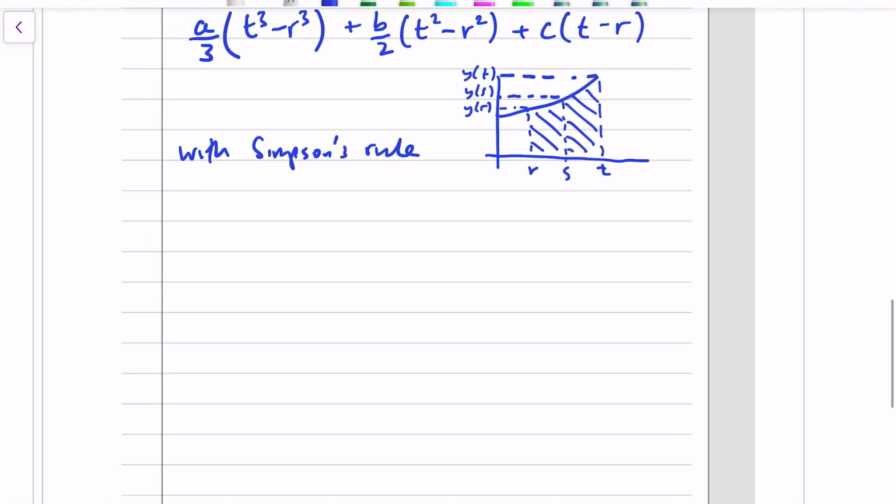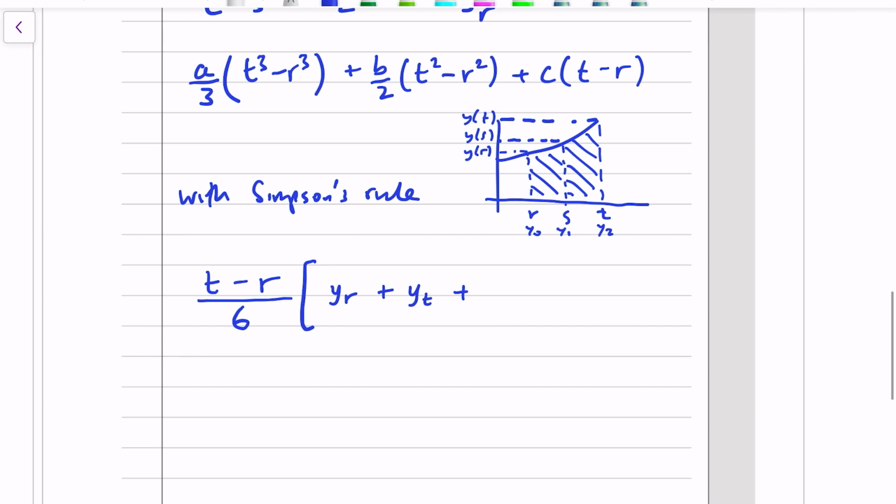So t minus r all divided by 6 times the y value at the end, y subscript r. Also the y value at the other end, yt, and then the one in the middle is an odd one, because this is like y0, y1, y2. So y1, the odd one, we multiply by 4.